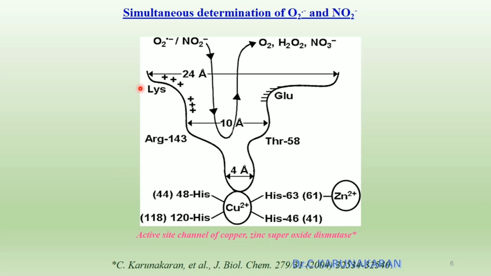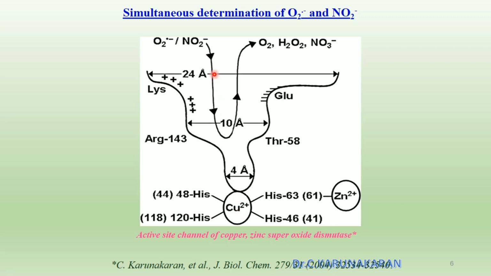The active site of the enzyme is very narrow. It allows only small biomolecules to reach the active site. Other large molecules cannot penetrate through the active site channel. Therefore, only superoxide radical, nitrite, NO, very small molecules can pass and react at the copper active site.